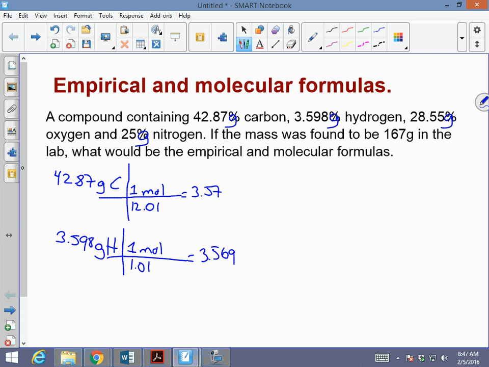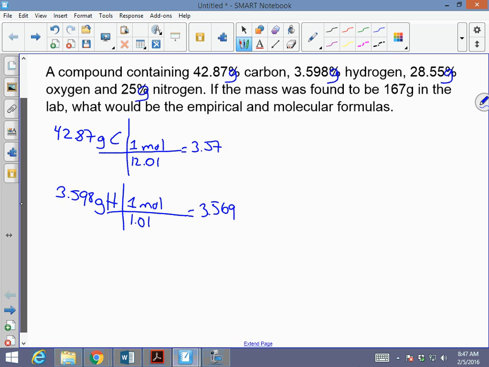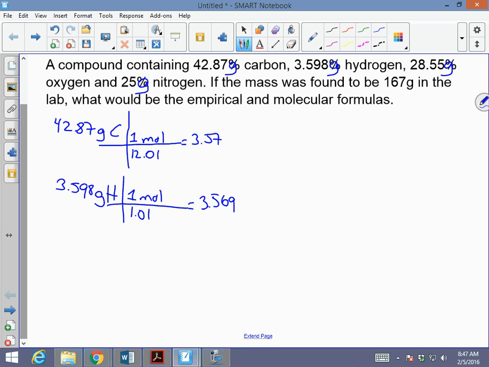Scroll down here. The next element they give you is oxygen. They give you 28.55 grams. Cancel with 16 grams of O, no more on top, and that should give you 1.784.